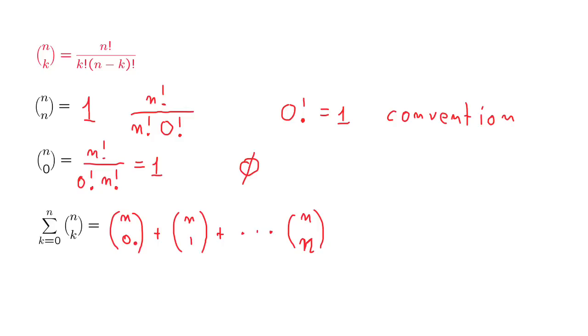So we're counting 0 element subsets, 1 element subsets, all the way up to n. So what we're counting really is the number of all subsets of our given set. But this is a number that we know what it is. The number of subsets of a given set with n elements is 2 to the n.